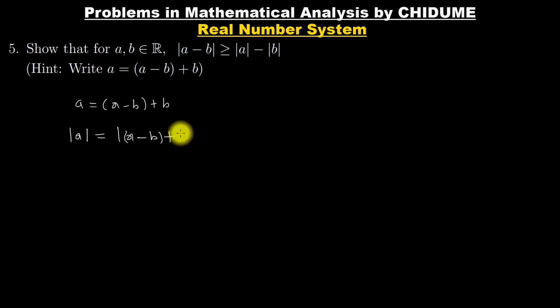plus b. And we can apply our triangular inequality directly. Don't forget that if you have two real numbers, the absolute value of x plus y is less or equal to the absolute value of x plus the absolute value of y. Of course, you can think of triangular inequality as something like this.